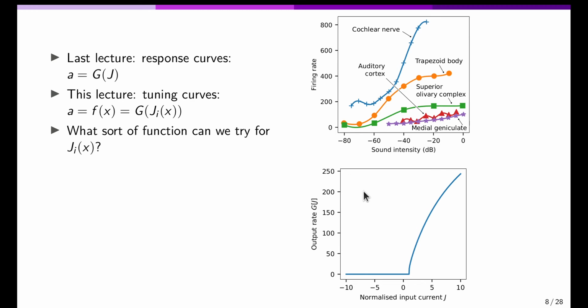Now in the last lecture, we were making plots that looked kind of like these, like this one here at the bottom, these response curves. I have an individual neuron, some model of an individual neuron. I'm feeding current into the neuron, and as I change the current, the neuron fires at a different rate. There's some similarity between these two plots, but we have to be careful, because on the x-axis of this plot, this is current, whereas on these plots, this is some value being represented.